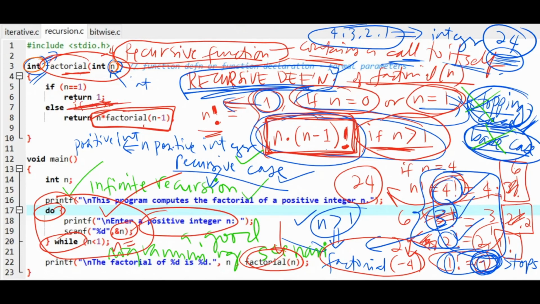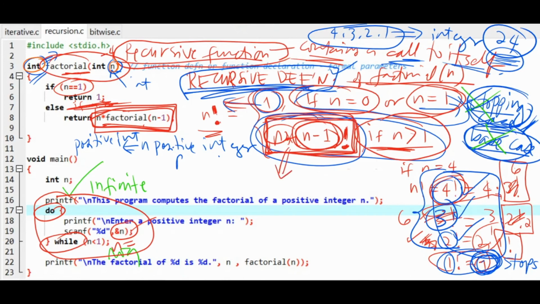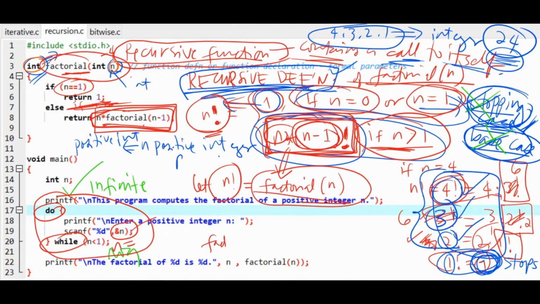And so if n is greater than 1, then we are to compute this expression, n times, we denote this as factorial of n minus 1. If we're going to rewrite this recursive mathematical definition and substitute n factorial with the function call factorial of n, then we would say, replace this one with this function call.